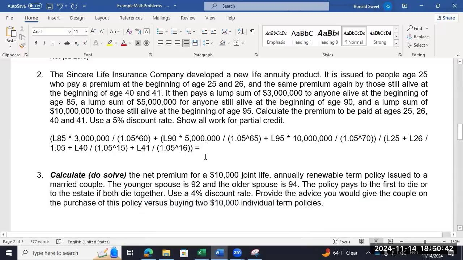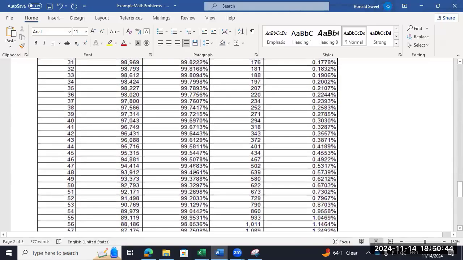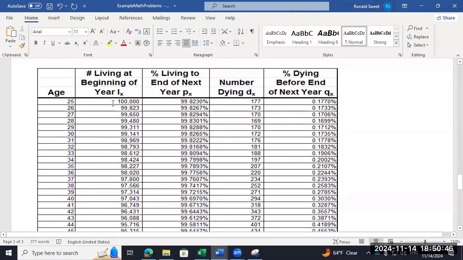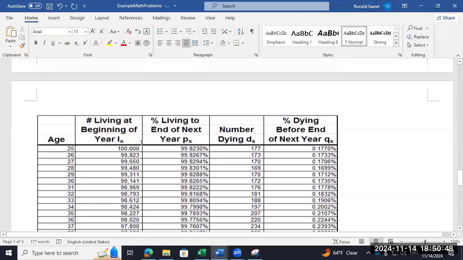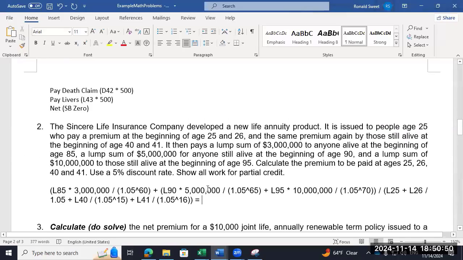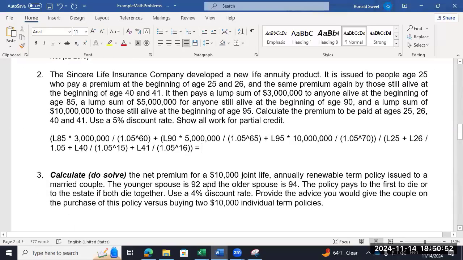I can't put the mortality table on here, but when I paste it to Canvas, you'll have the mortality table at the bottom, so you can look up the numbers. Now, I've had more than one student ask if the mortality table will be provided on the exam. I felt like saying, no, you got to memorize it, but no, you don't have to memorize the mortality table.